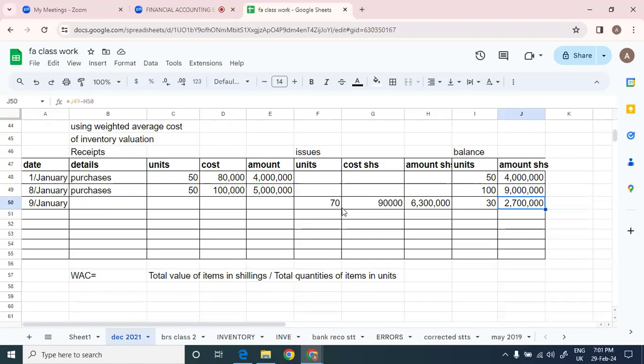To get the cost per box for the 70, you get this balance of yours divided by the balance of quantities. So you get 9 million divided by 100, we got 90,000. Are we together? Yes. So get 70 times 90, you get 6.3 million.